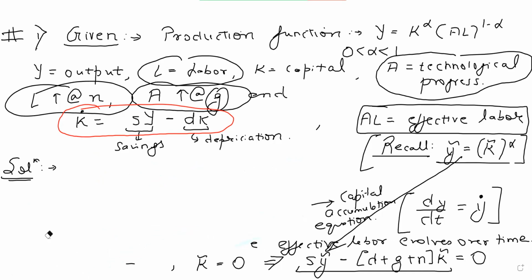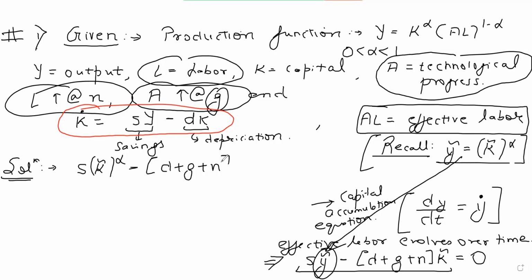Let us see. s times y tilde is s times k tilde to the power alpha, minus (d plus g plus n) times k tilde, is equal to 0.